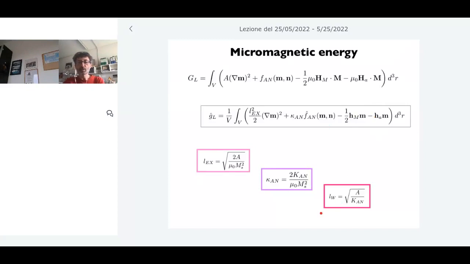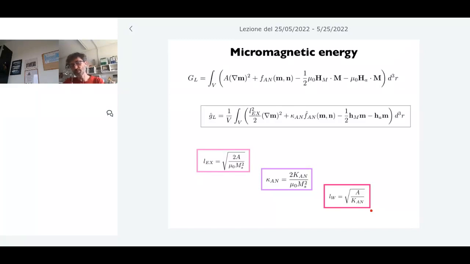If we combine the two, we can also introduce another length that is very much related to the domain wall width, a quite important length that is given by the square root of the ratio between the exchange and the anisotropy.